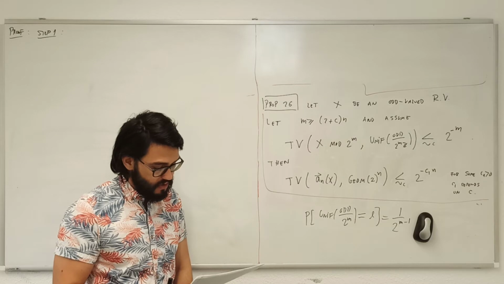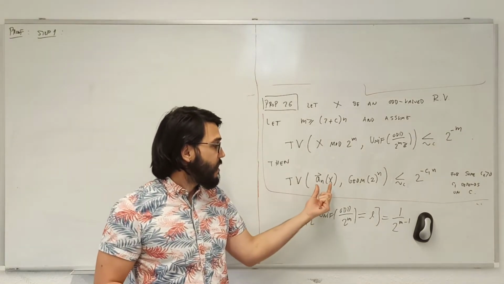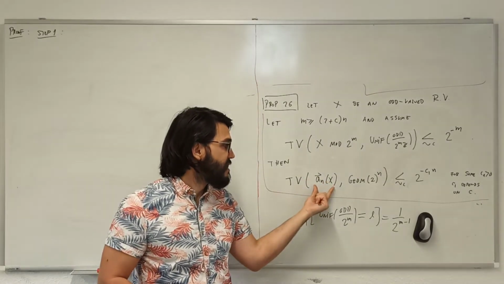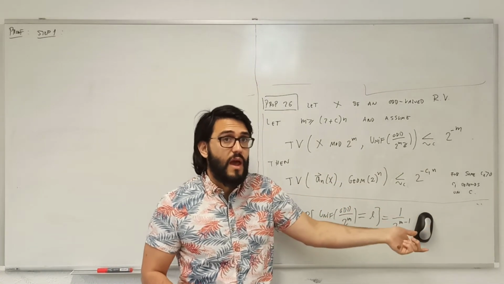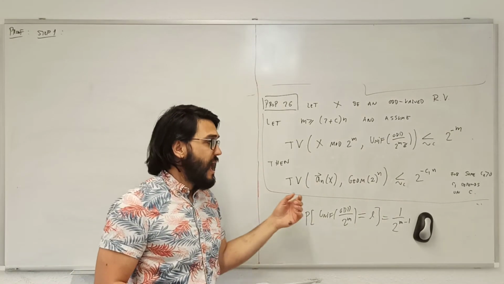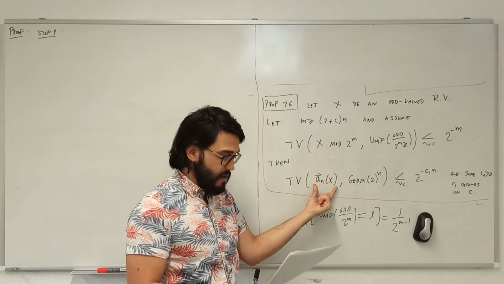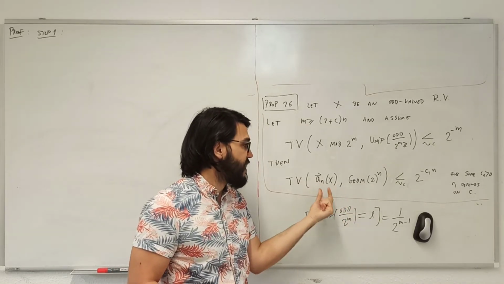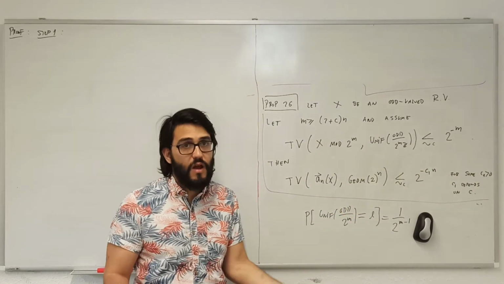In particular, I want to compute the probability of this thing being equal to something minus the probability of this thing being equal to the same something, and I will summate over all these numbers. This is a vector. So I will compute the probability of this being a certain vector minus the probability of this being a certain vector, and summate over all the vectors.